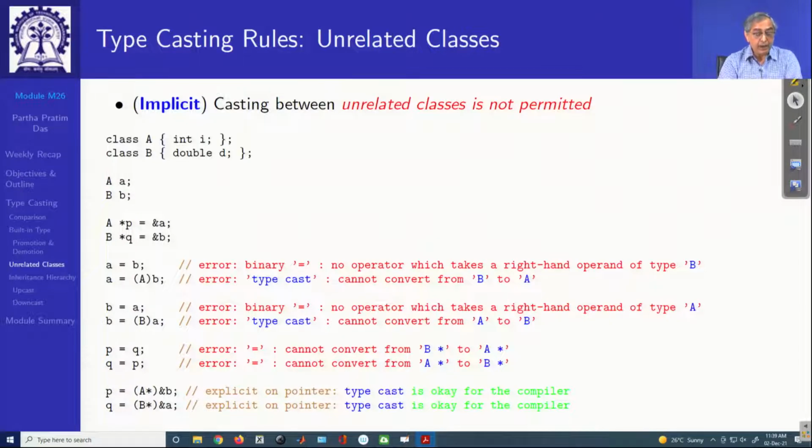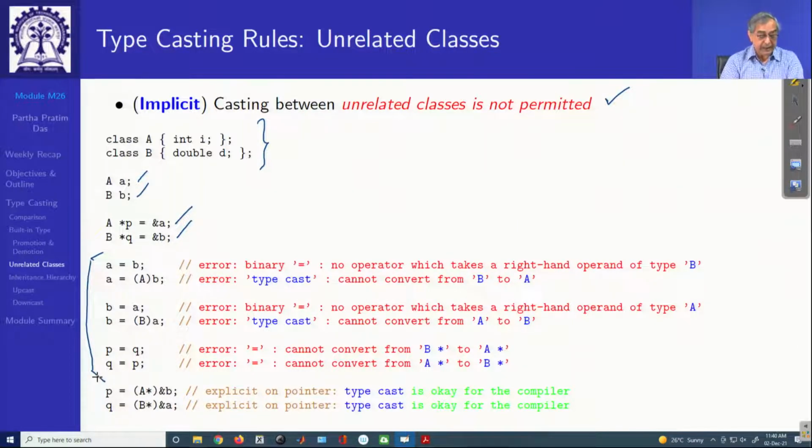Now, let us look at typecasting between unrelated types, particularly unrelated classes. This is not permitted. That is, if I have just 2 classes A and B, I have 2 objects, I have 2 pointers to these objects, and then I try to do all kinds of mixed stuff.